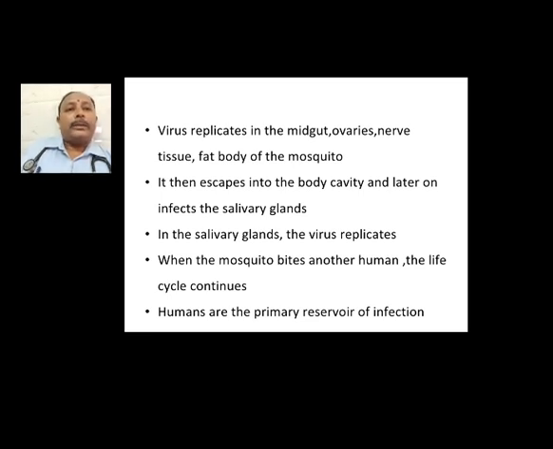Then it escapes into the body cavity and later on goes to the salivary gland, and in the salivary gland the virus starts replicating. When the mosquito bites another human, the life cycle continues. Humans are the primary reservoir of infection.